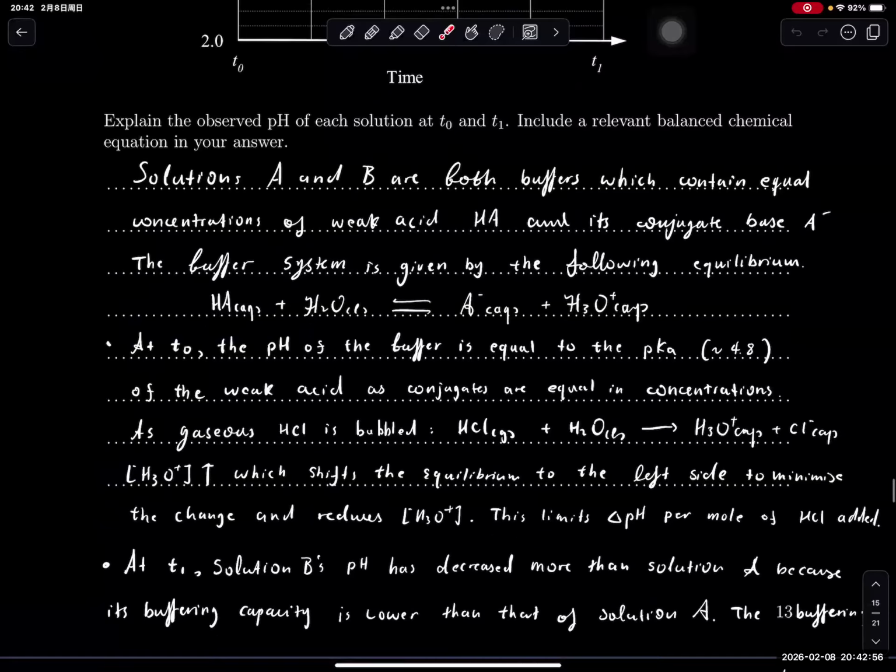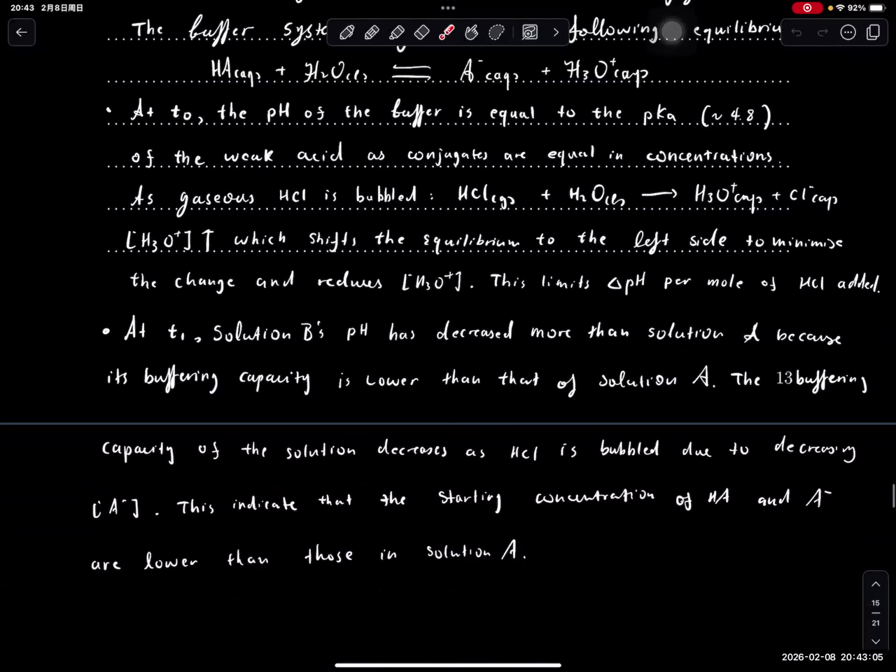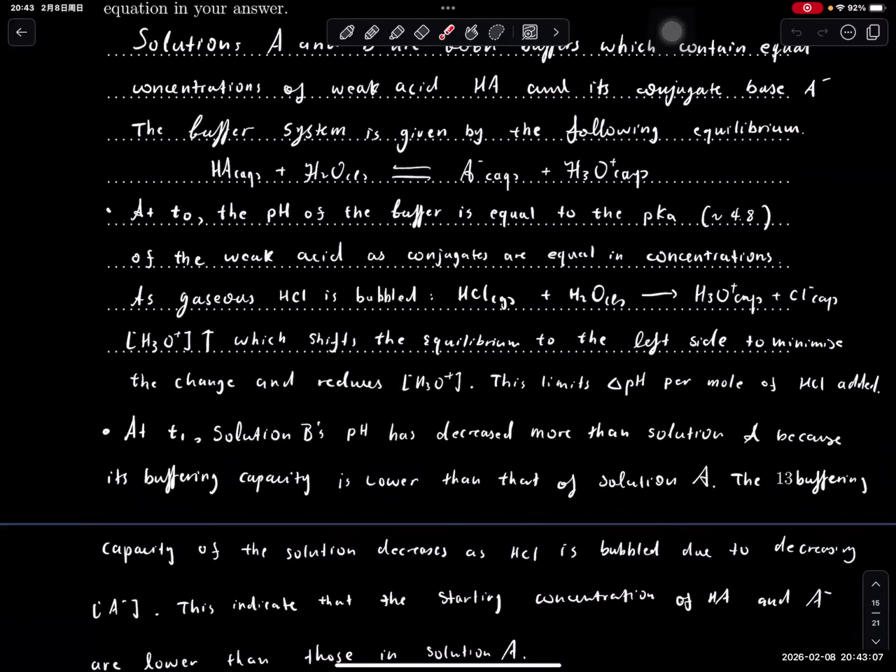By the way, a pKa of 4.8 is exactly the acetic acid pKa, so I'm presuming that this is the acetic acid buffer system. The weak acid and the conjugate are equal in concentration. As gaseous HCl is bubbled, you produce more hydrogen ion. That's pretty standard stuff. So hydrogen ion increases, equilibrium shifts left, yada yada yada, LCP, so it minimizes the change.